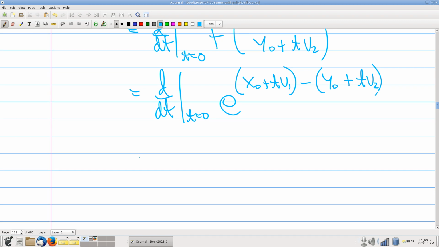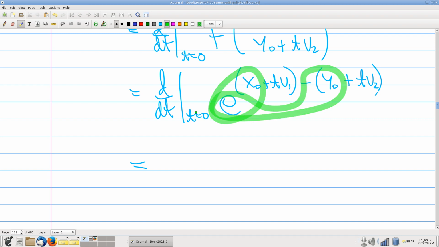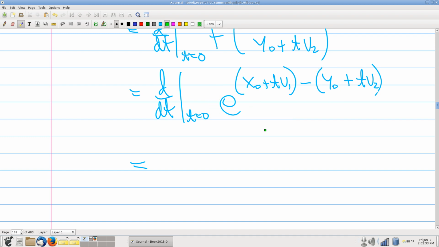Okay. Now, just as a convenience, let me rewrite this a little bit. You'll notice x naught, v1, y naught, and v2 are all constants, right? T is the only variable here. So e to the x naught and e to the minus y naught are just constants. So I'm going to pull those out. In fact, they can even come all the way outside the derivative.